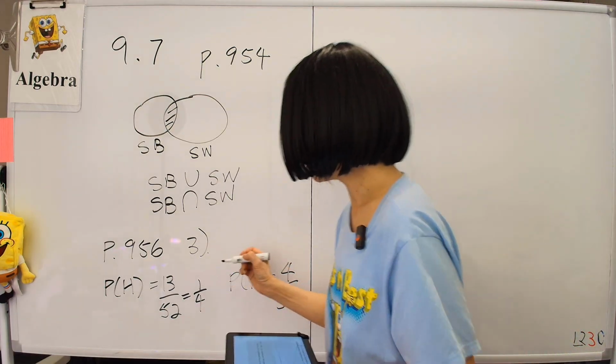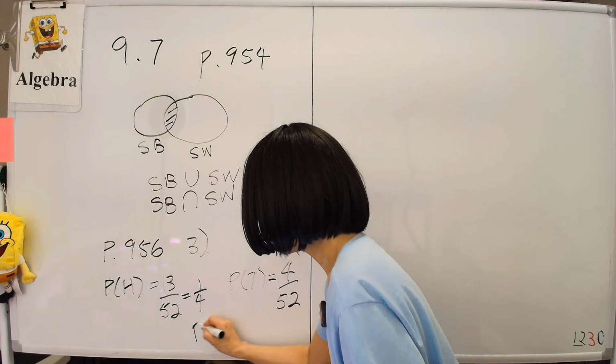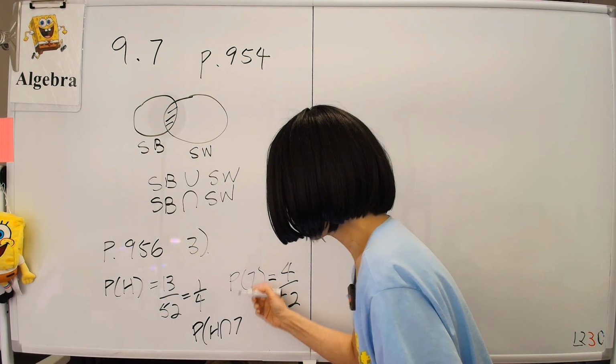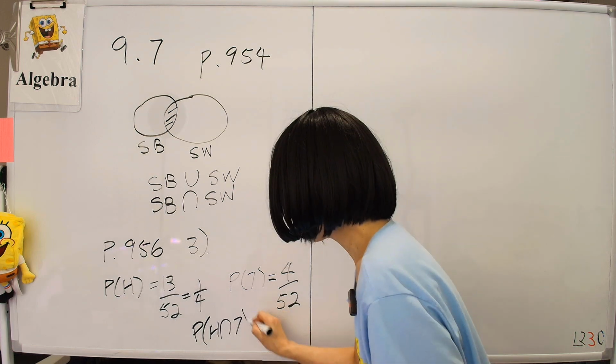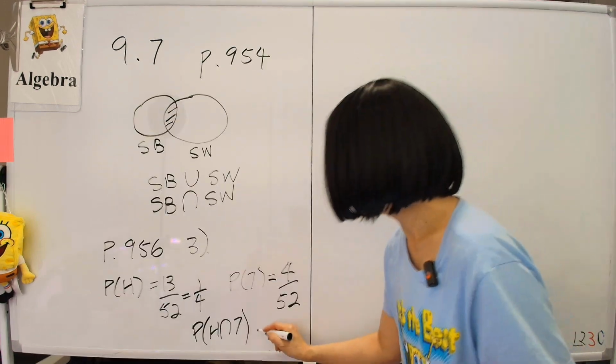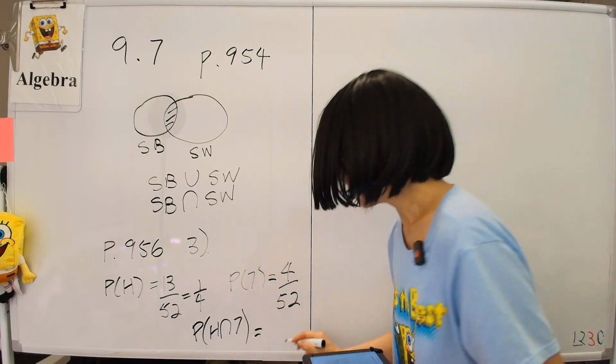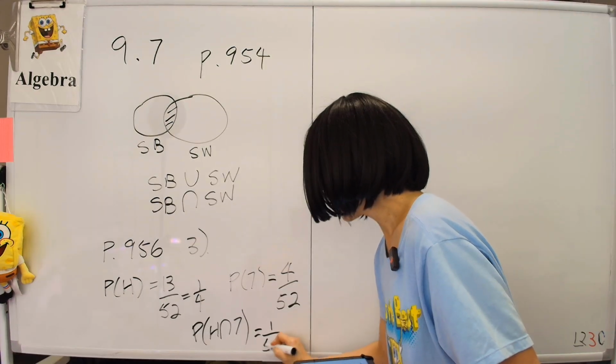So the probability of heart and 7, P of heart intersect 7. I don't know if we should write it that way, but whatever. There's only 1 card that's both a heart and a 7. So that's 1 over 52.